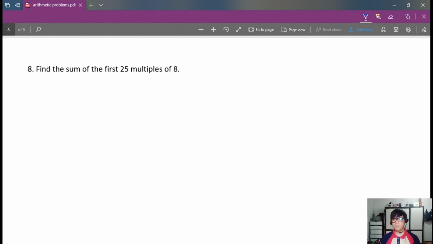So, when we say multiples, these are the numbers that are divisible by 8. So, you will start from 8. So our sequence will be 8, 16.